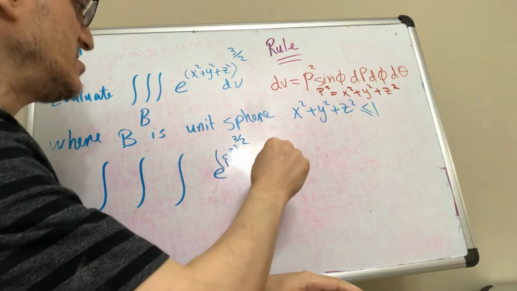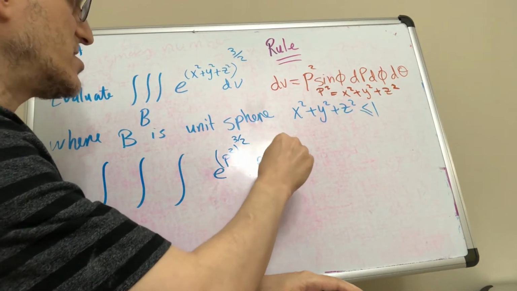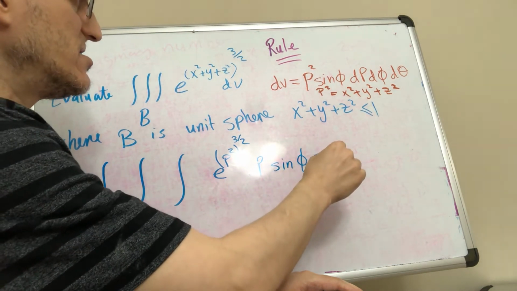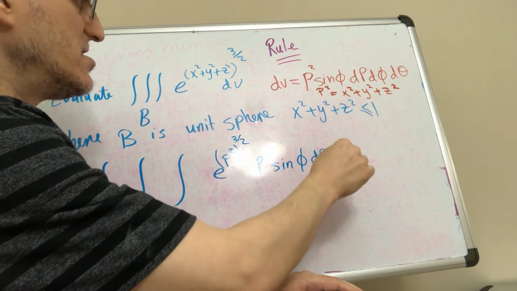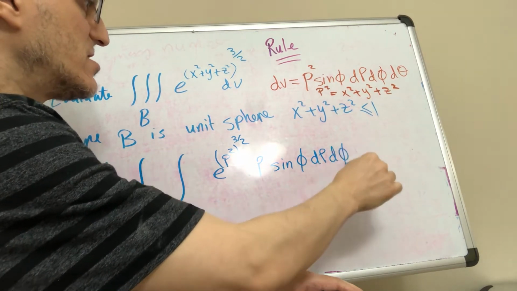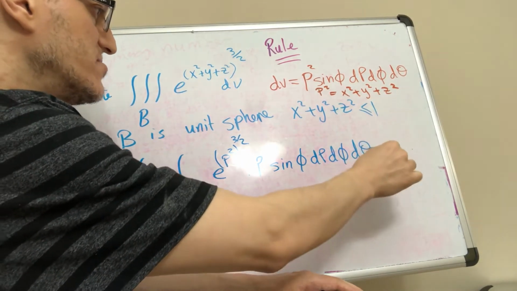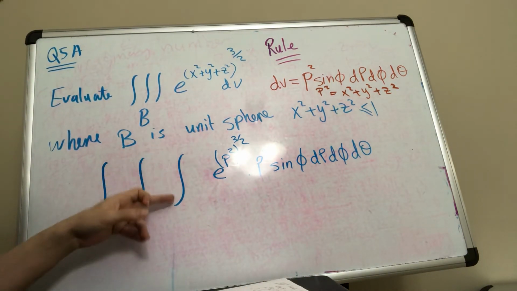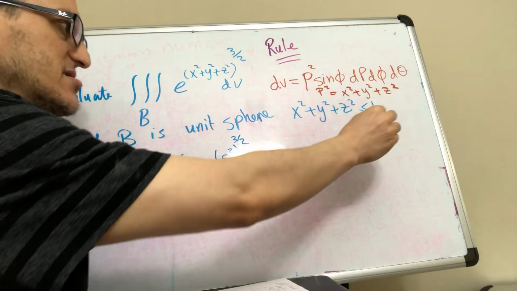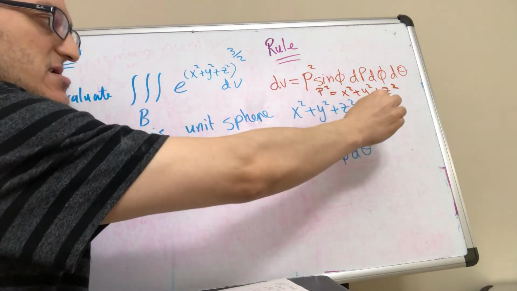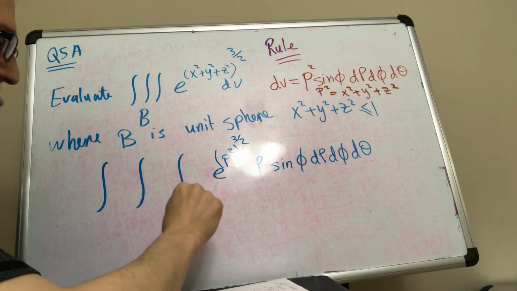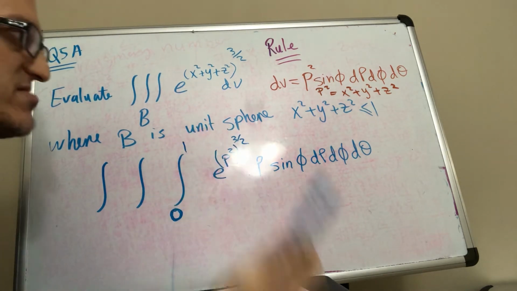And dv, we can put p squared sine of angle 1 dp d angle 1 d angle 2. We need the limits for p. Since they tell you that this is less than or equal to 1, you can only go from minimum 0 to 1.